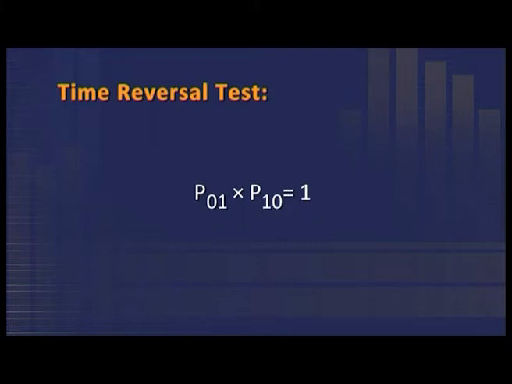The time reversal test requires that the index for the later period based on the earlier period should be the reciprocal of that for the earlier period based on the later period. In other words, the two should be reciprocals of each other. That is, P01 into P10 is equal to 1.